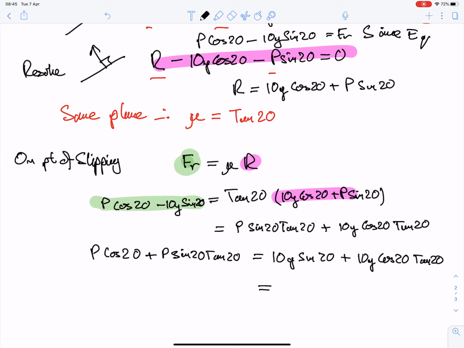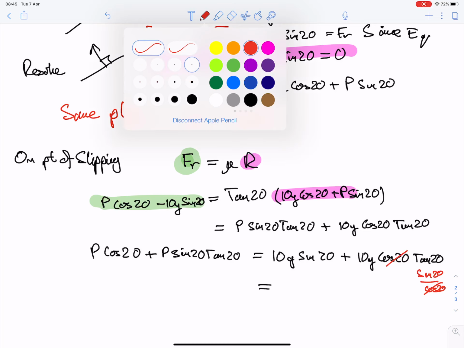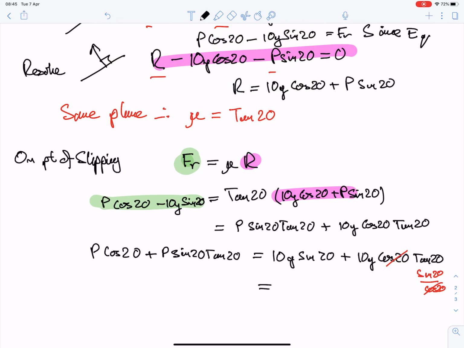Well, tan is sine over cos, we know this is sine 20 over cos of 20. So these, in effect, cancel. So we get 10g sine 20 plus 10g sine 20, which is a total of 20g sine 20.